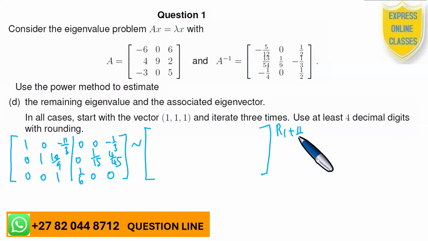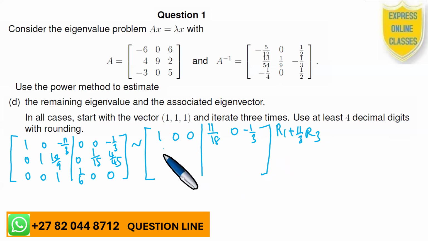Row 1 plus 11 out of 3, row 3. So you would have 11 out of 18, 0. Out of 9, row 3.